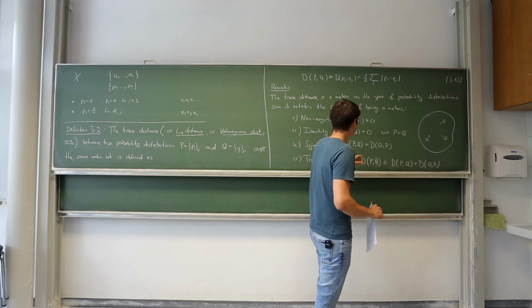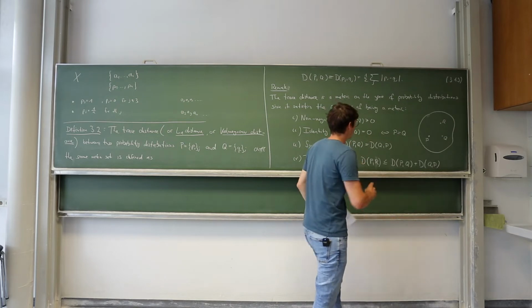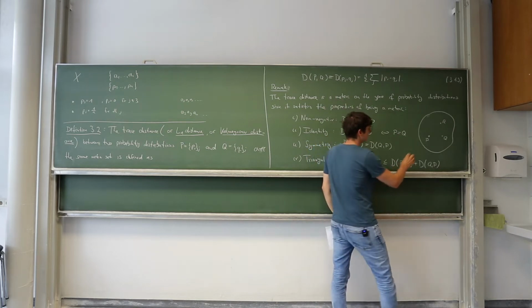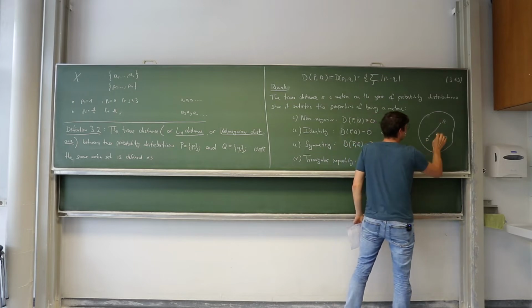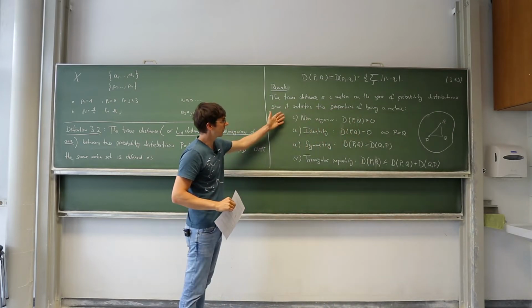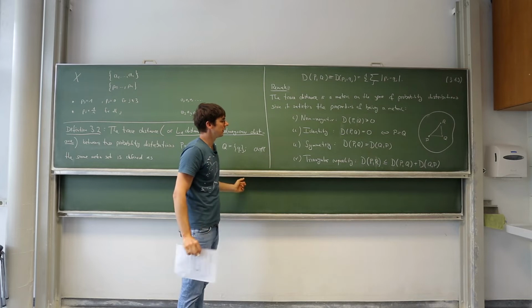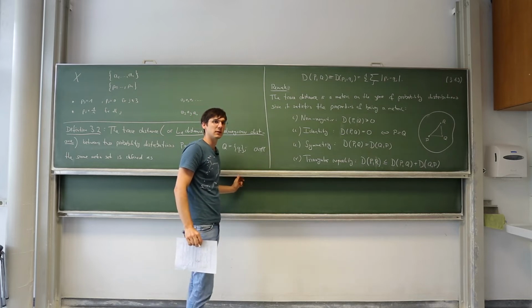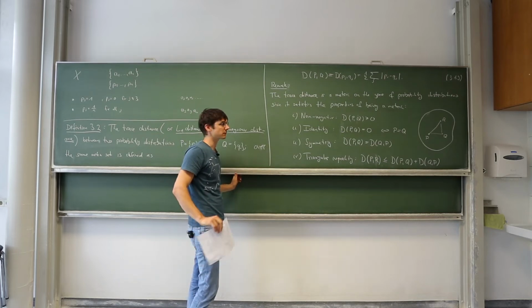And for example, for the triangular inequality, you see that the distance PR is smaller or equal to this distance plus this distance, right? If a measure satisfies these 4 properties, then we call this a metric.